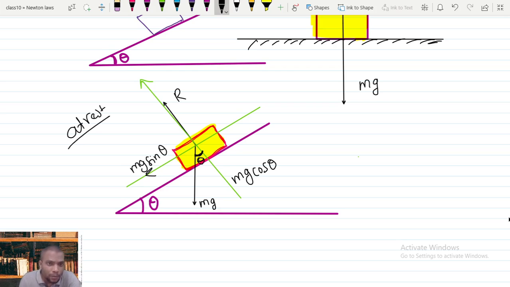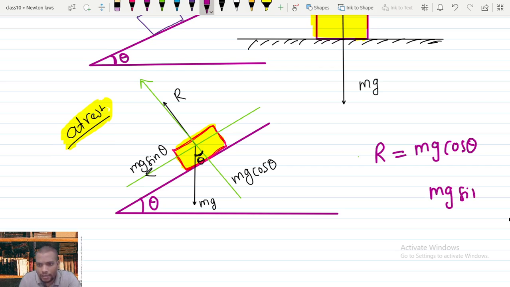As I said, the block is at rest. If the block is at rest, the sum of the forces acting should be equal. In this case, the normal reaction force R equals mg cos theta, one of the components, one small portion. And the other component, mg sin theta, equals the friction force, which we need to consider, acting in the opposite direction.